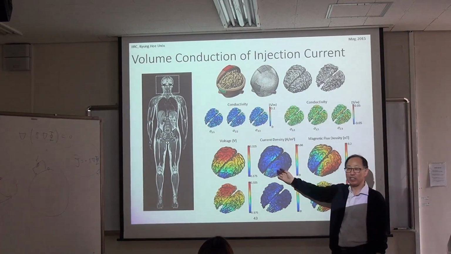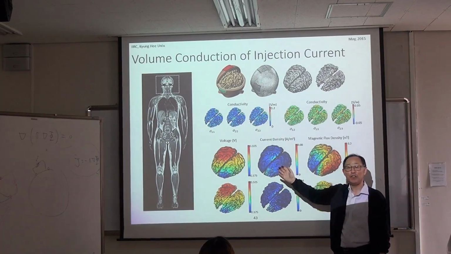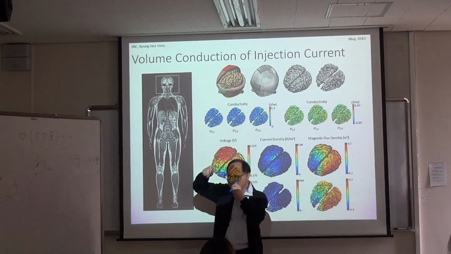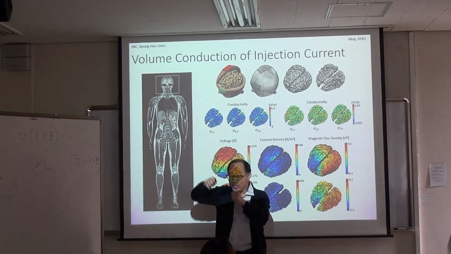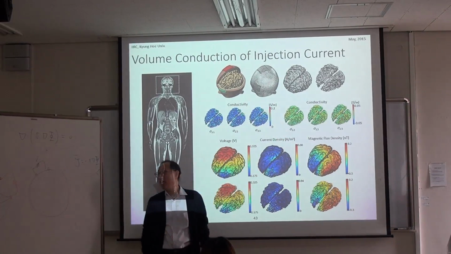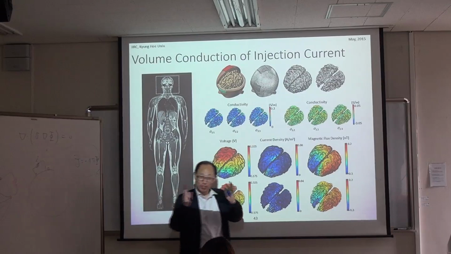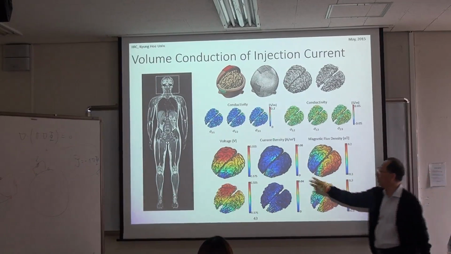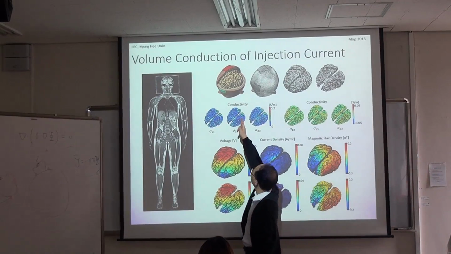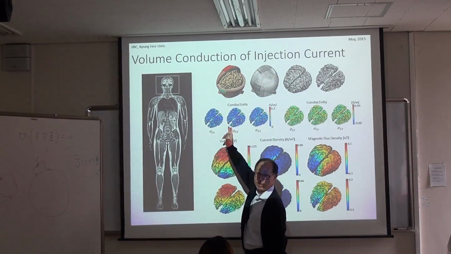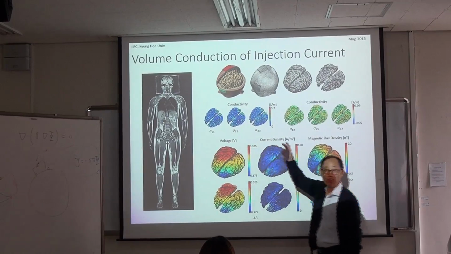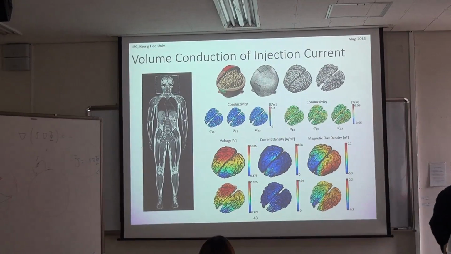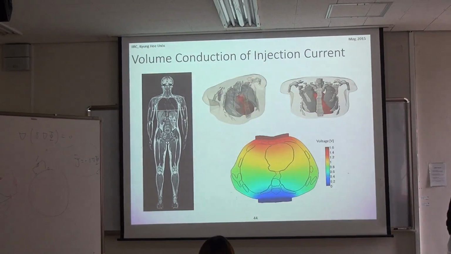If we are going to measure voltage between the red and green electrode, then this is the magnitude of the lead field map, because we calculate the current density due to injection current between the red electrode and green. In a real situation, the lead field map is quite complicated.